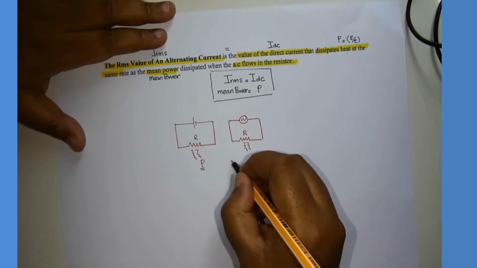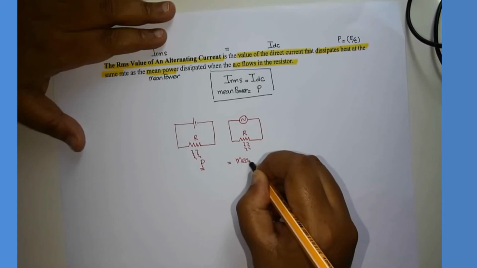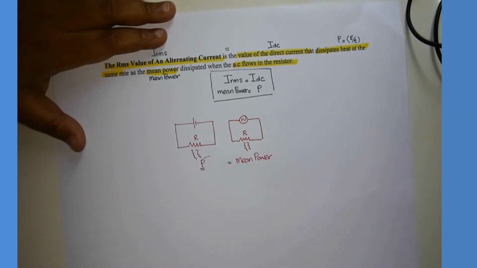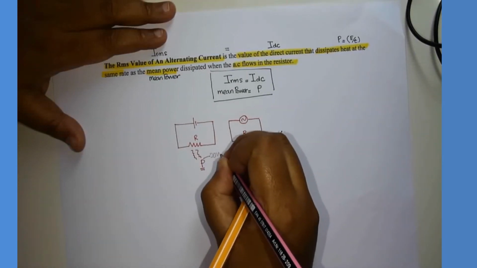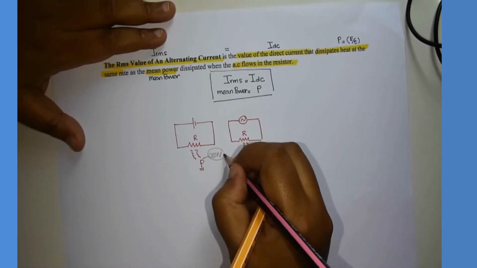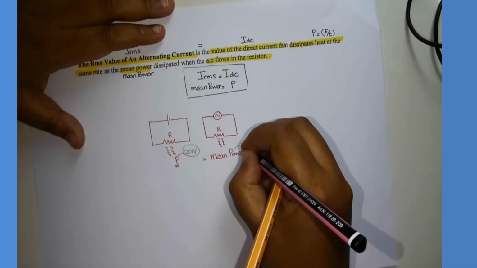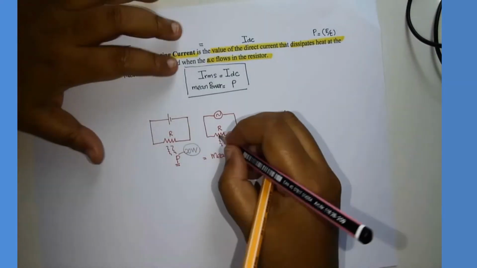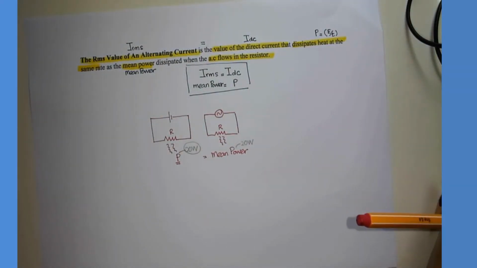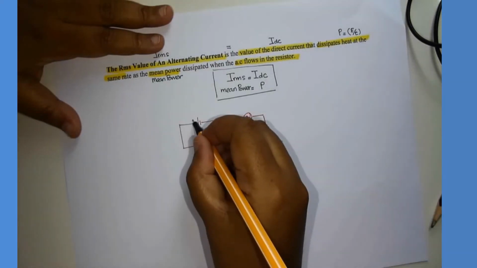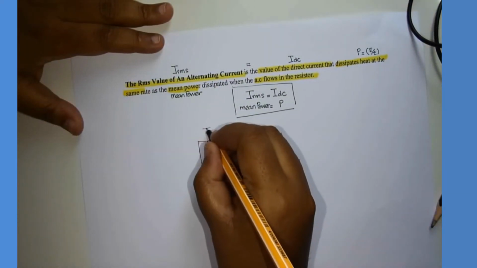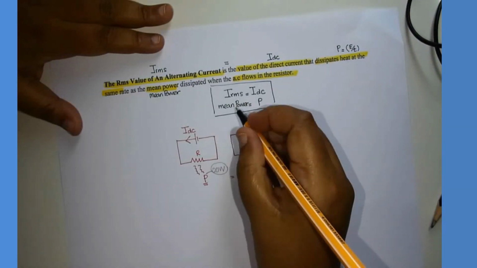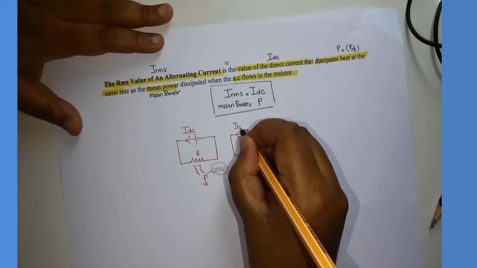For example, if P is 20 watts, this 20 watts is the same as the mean power dissipated from the resistor connected to the AC. So the current that flows in the DC, which is IDC, has the same value as the current that flows in the AC, which is IRMS.